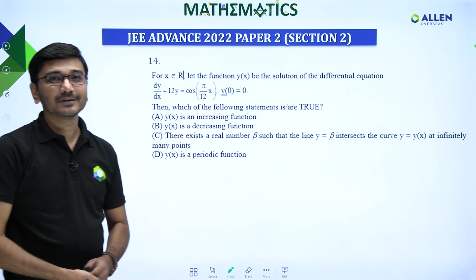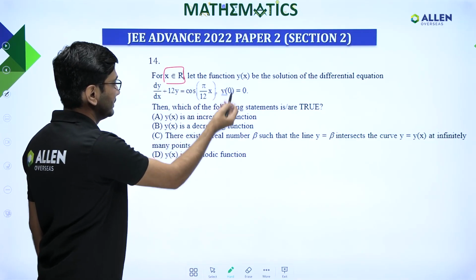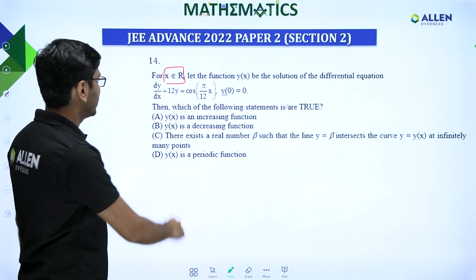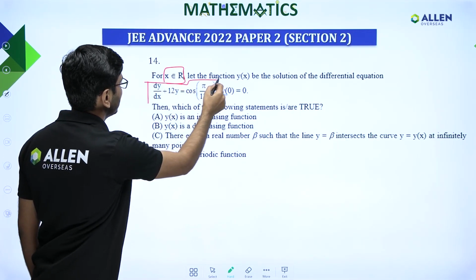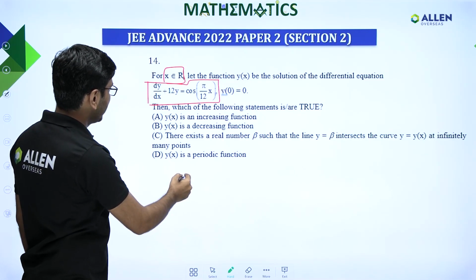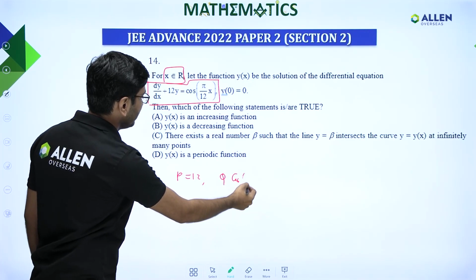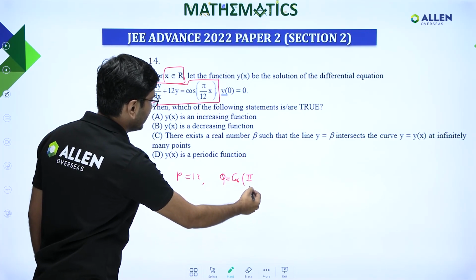Well, now have a look at question number 14. Question number 14 is saying that x is a real number and the function y of x is a solution of the differential equation dy by dx plus 12y equal to cos of pi by 12x. So, this is definitely a linear differential equation where p is 12 and q is cos of pi by 12x.